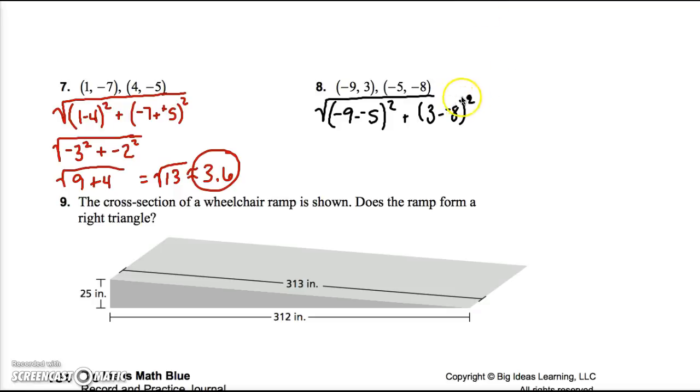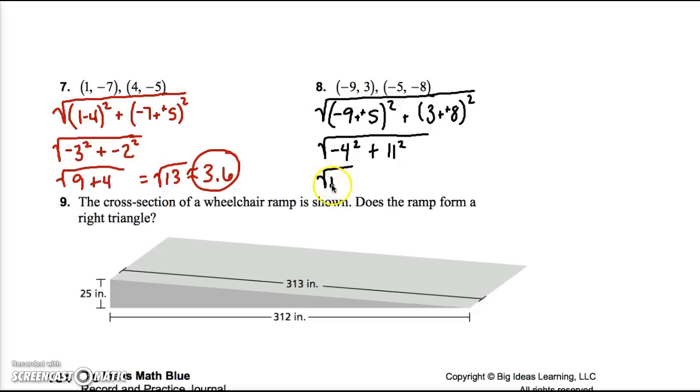And we'll square that. Negative 9, and then this minus a negative again becomes plus, so negative 9 plus 5 is negative 4 squared, plus 3 minus a negative 8 is 3 plus 8, and that's 11, so 11 squared.